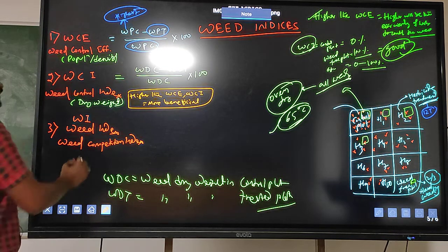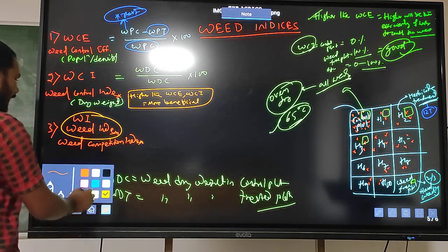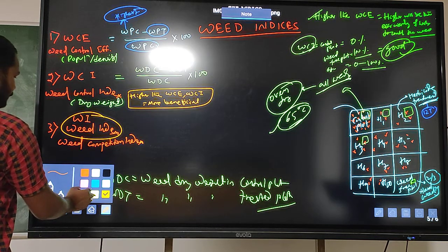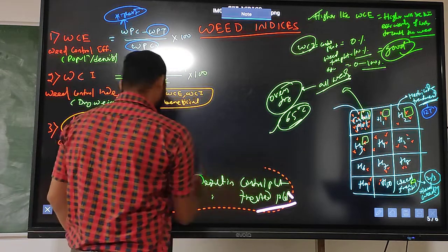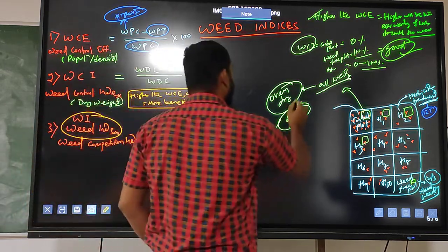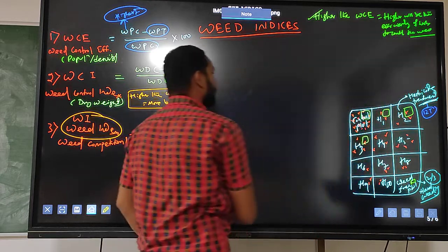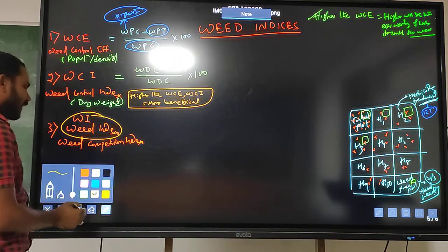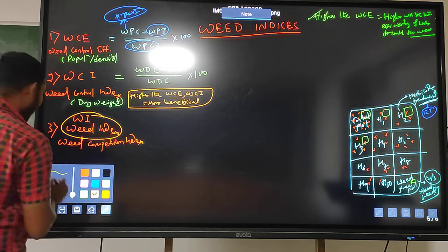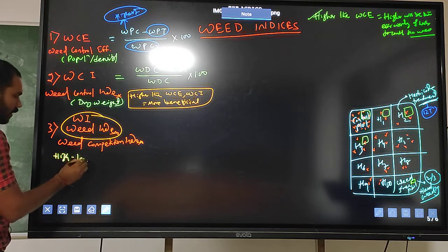Next, coming to weed index. I have already told you this weed index is based on which data? The plant data, plant yield. Yes or no? So here we will see the plant yield. Whatever value you take, it is high minus low divided by high into 100.